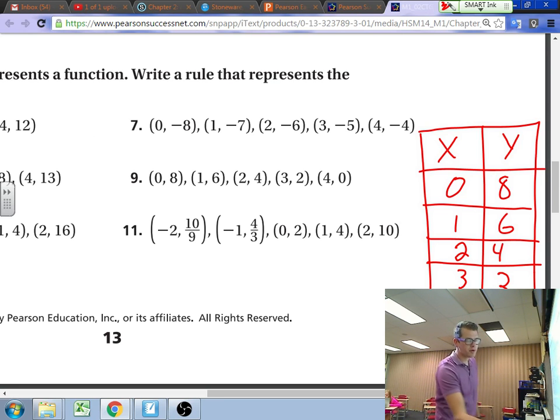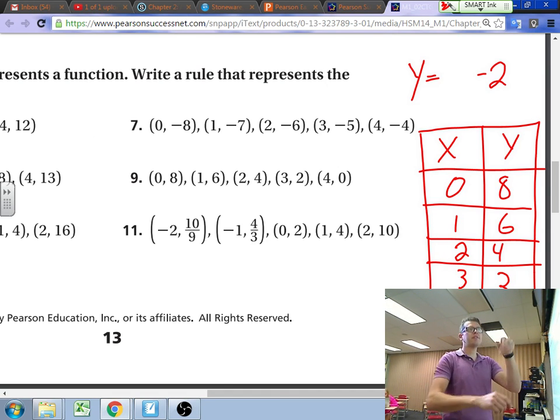It helps my brain if I can just go down this column and say what's happening to the y. Every time x changes, what happens to the y? The y goes down by 2. The y goes down by 2. So as x goes up by 1, y is decreasing by 2 every time.